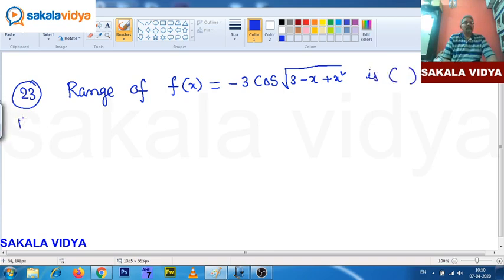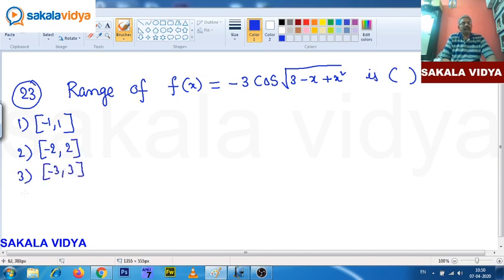First option we have minus 1 comma 1, all are closed brackets only. Next minus 2 comma 2, third one is minus 3 comma 3, fourth one is minus 4 comma 4. Okay, this is the question.